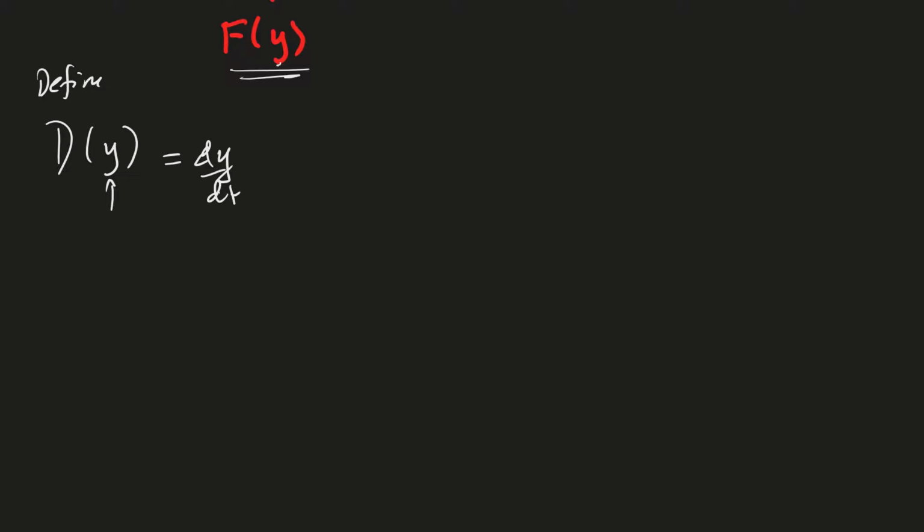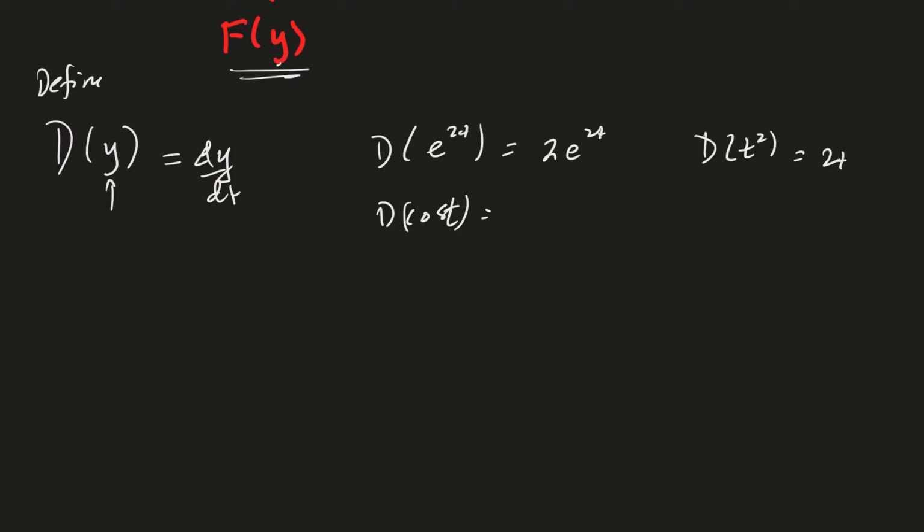I will call it derivative instead of differential. So therefore, what is D of e to the 2t? That's 2e to the 2t. What's D of t squared? 2t, and so on. D of cosine of t is minus the sine of t, and so on.